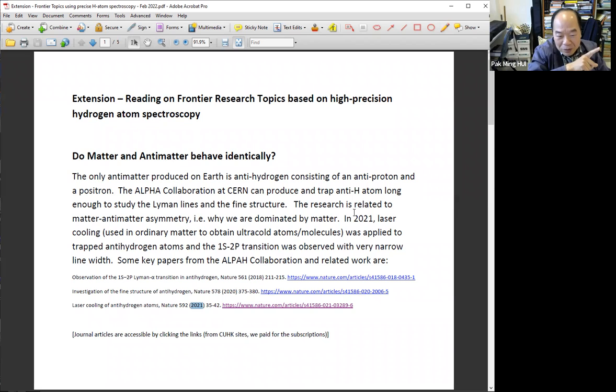A few months ago, some members of this CERN group did something similar, but they used laser to trap anti-hydrogen. So this is a very well-known paper in 2021. I give you the link. You can click on them if you start with the CUHK site, because we have paid the subscription fee for the journals.